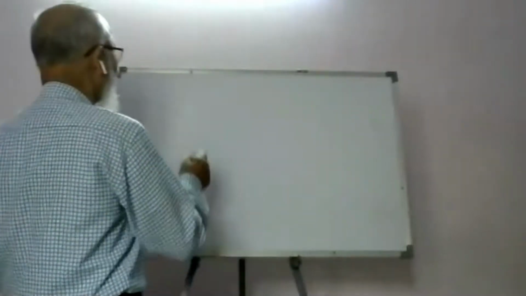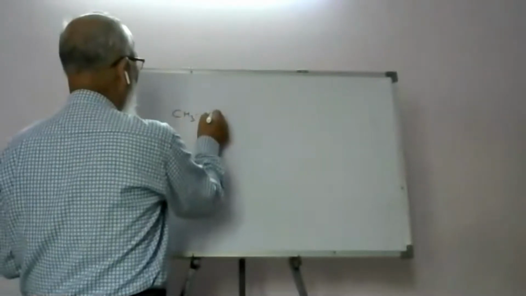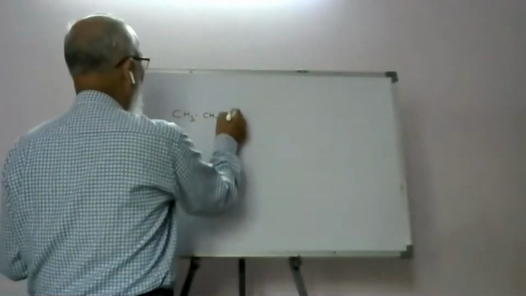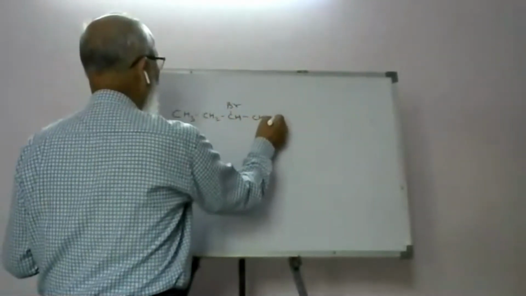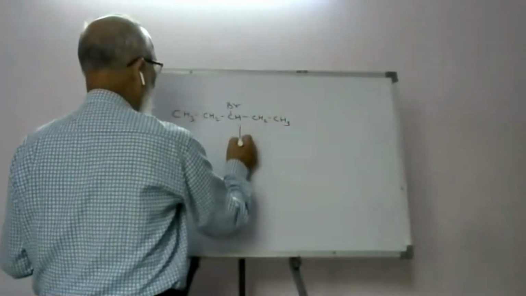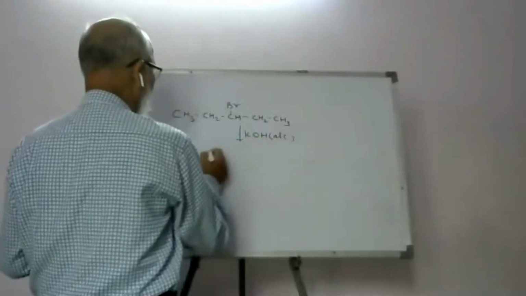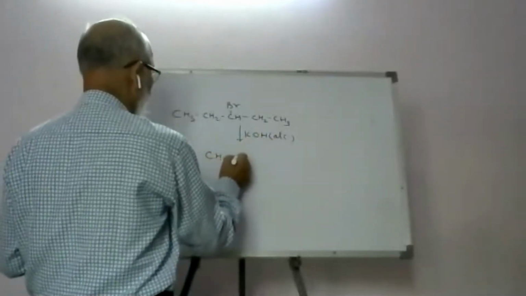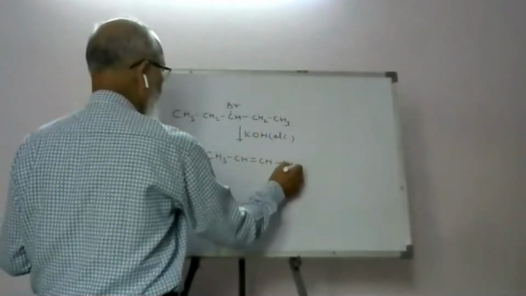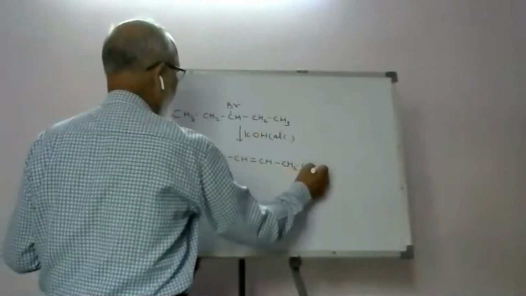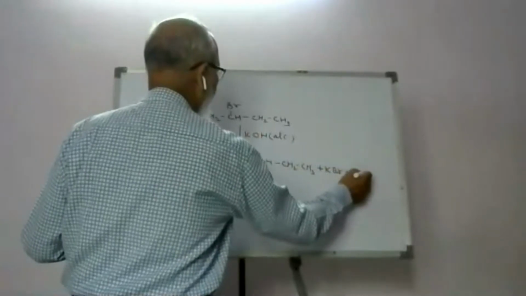In my previous lecture, when this compound CH3, CH2, CHBr, CH2, CH3 reacts with alcoholic KOH, the compound formed is CH3CH double bond CH, CH2, CH3 plus KBr plus H2O.